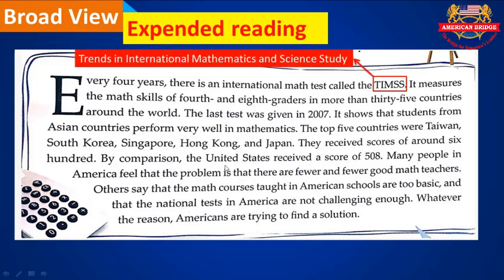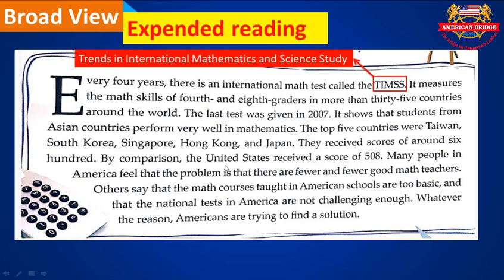TIMSS stands for Trends in International Mathematics and Science Study. In this unit, they talk about grade 4 to grade 8 students. They challenge which country will win this test, and the results have shown that Asian countries are better, and the US is still looking for more solutions.